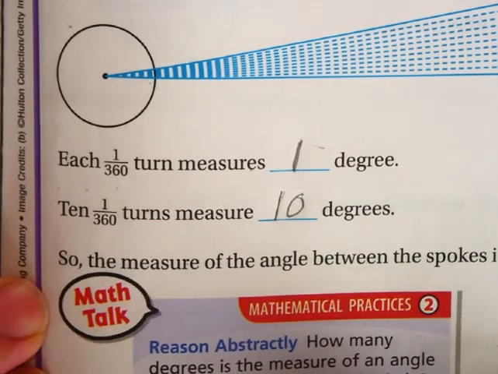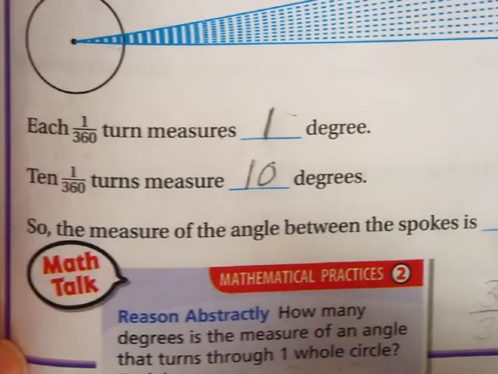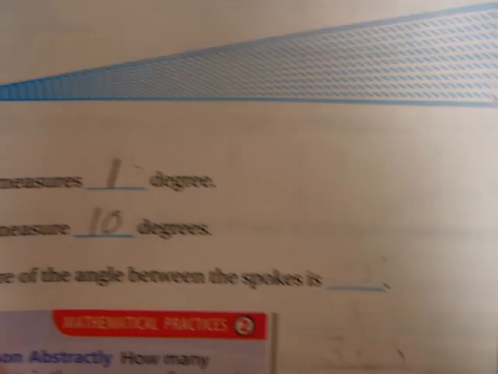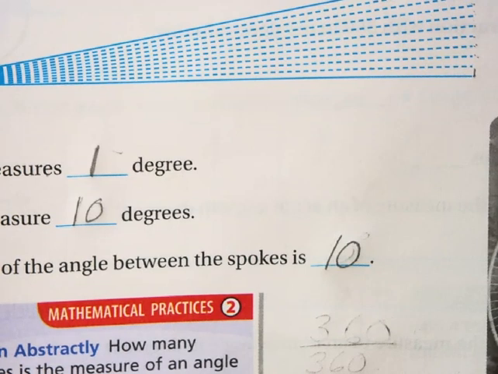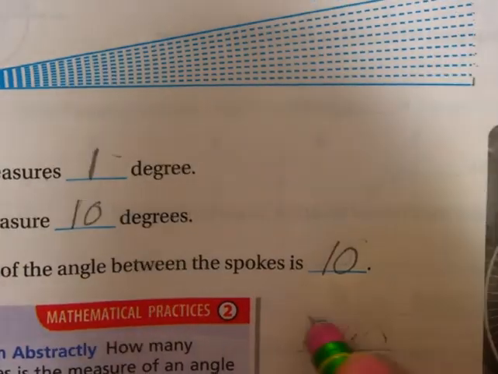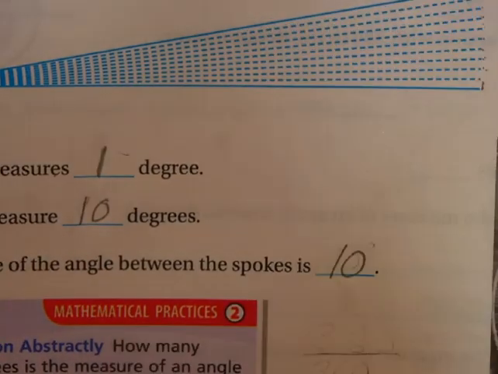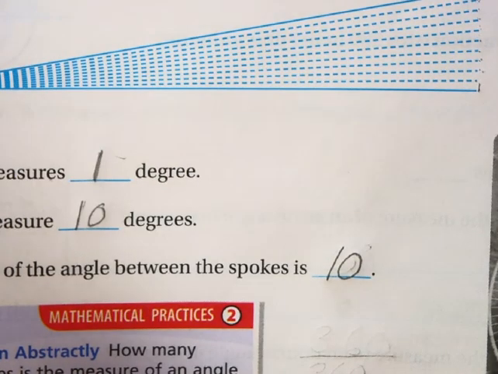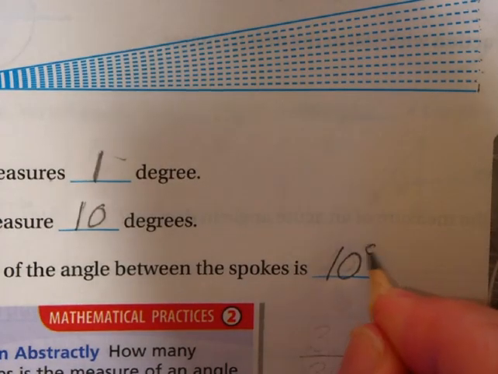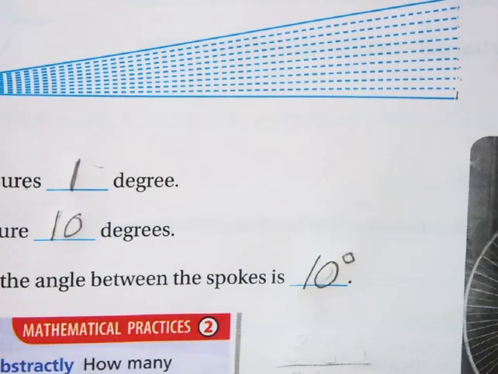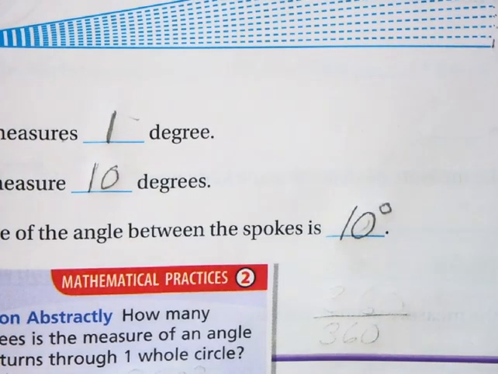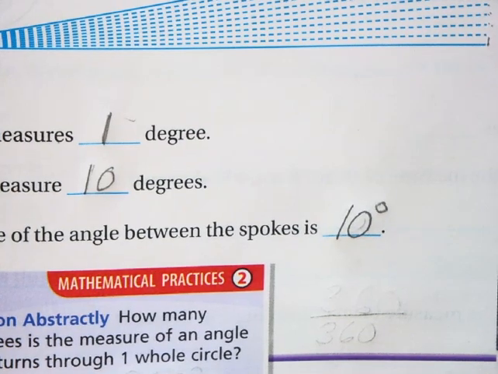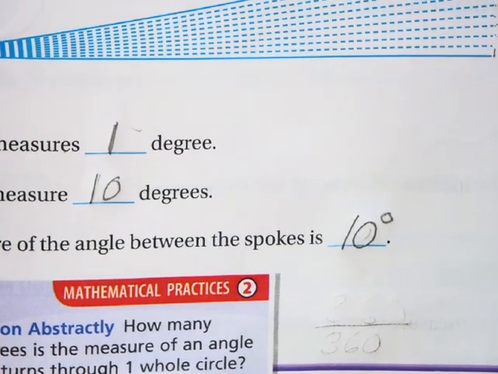So the measure of the angle between the spokes is 10 degrees. And they didn't give me enough space to write the word degrees, but I know I can just put this little symbol up above, and I've got 10 degrees.